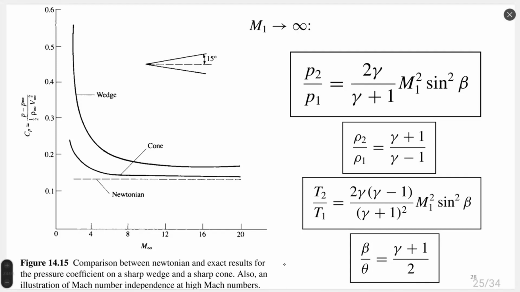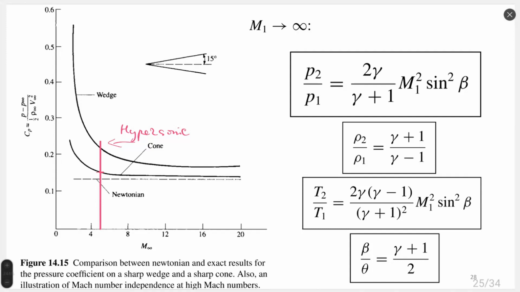We see that at supersonic velocity, I will try to make more or less Mach 5 and make this line here. We see that here hypersonic velocity is starting. We see that, okay, there is not so good correspondence between wedge and Newtonian theory, right?